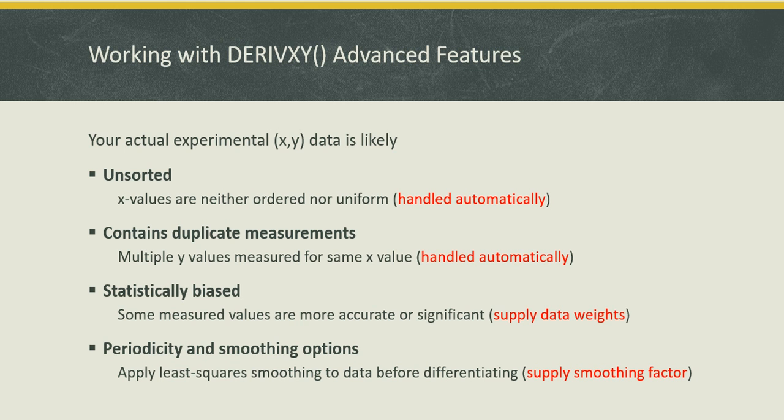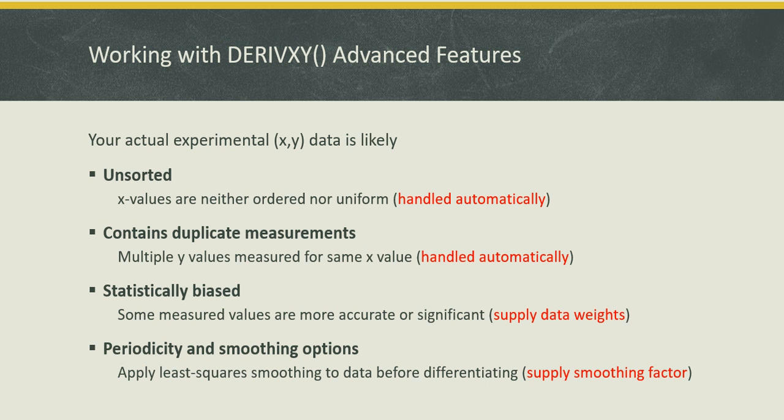And they might be statistically biased, so some measurements are more accurate than others or more significant. And you might have specific requirements where this data is sampled in a periodic way, for example, or it might contain some white noise that you would like to filter out before you do the differentiation.